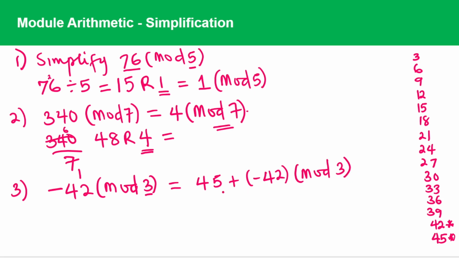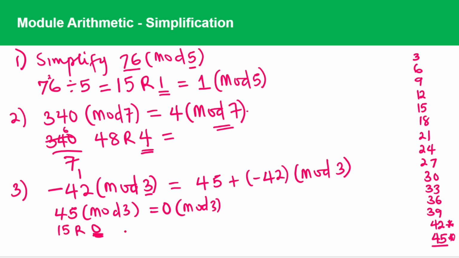Now let's understand why we need to add 45 to this, and does adding 45 change the question? The answer is no. If we consider 45 mod 3, when it is simplified, it will give us 0 mod 3, because 45 divided by 3 is 15, remainder 0.